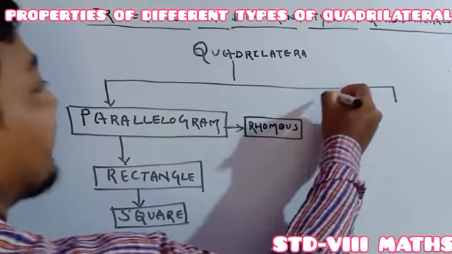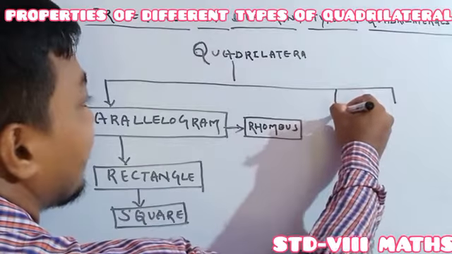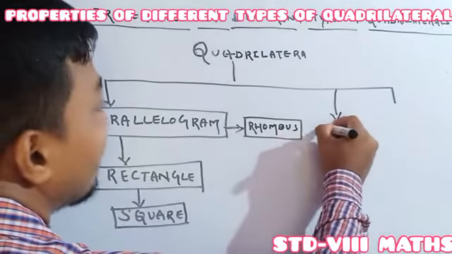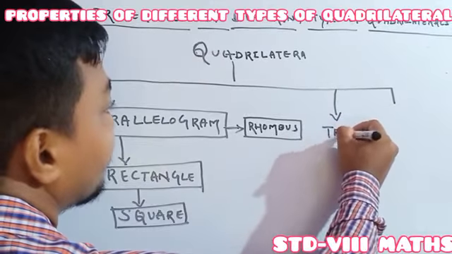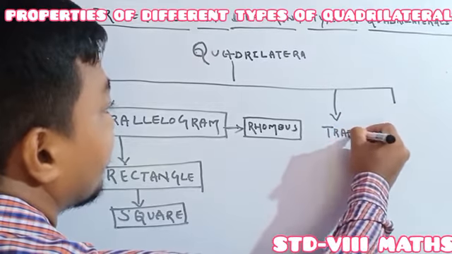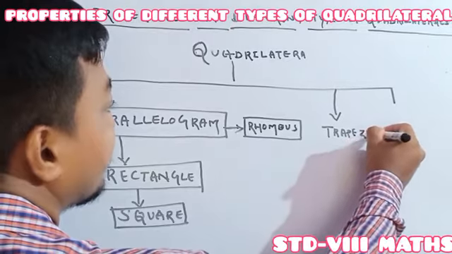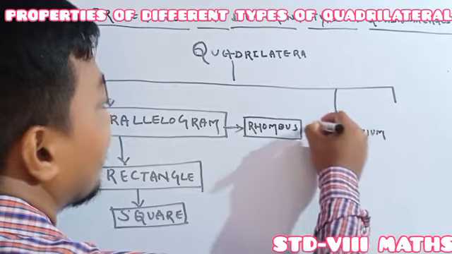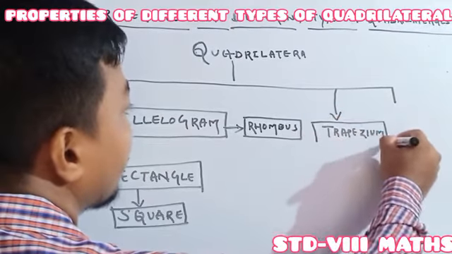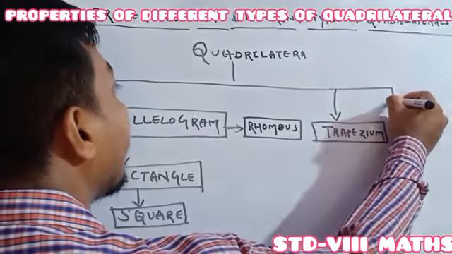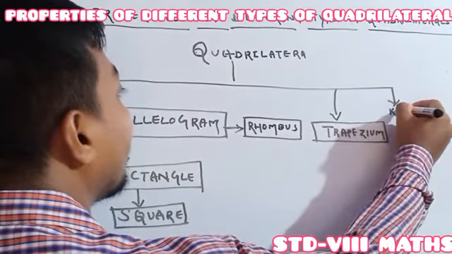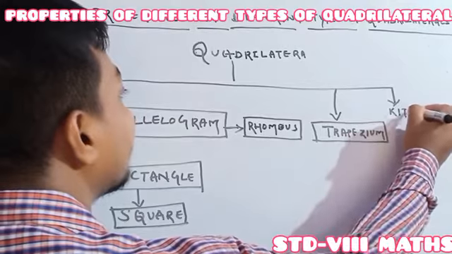In the same way, here we will discuss the trapezium. Here it is our trapezium, separately I have done, and here separately I am doing the kite.